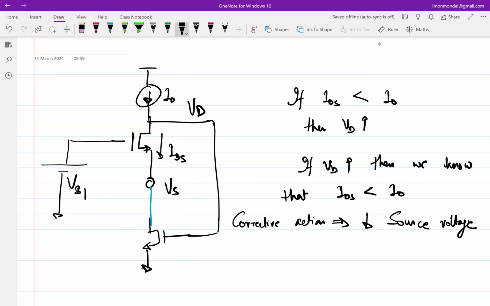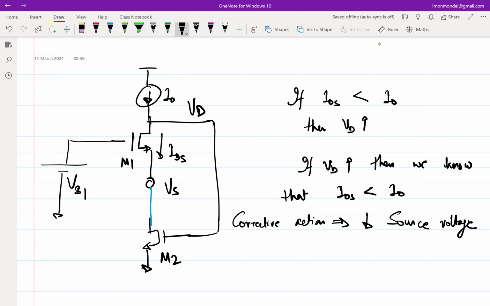Now if this is M1, this is M2, again, for all these cases, we have to ensure that M1 and M2, all transistors are in saturation, because this common source amplifier also works when things are in saturation. And we wanted to ensure that M1 is also in saturation.